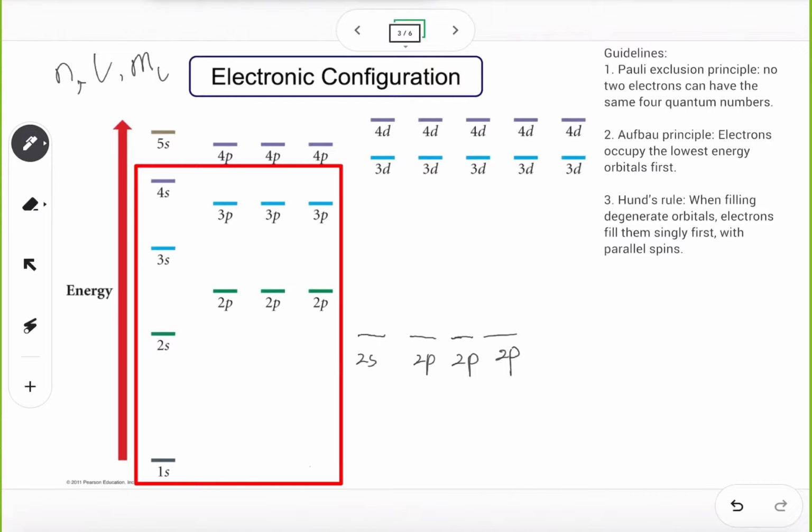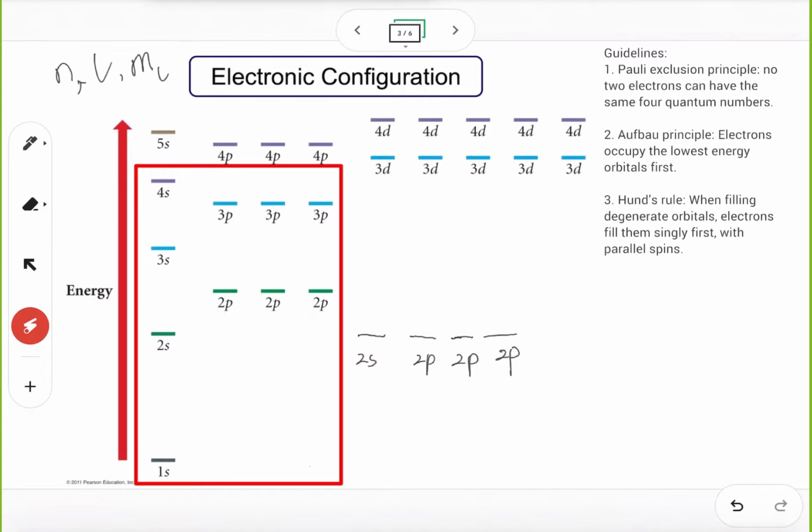Because all 4 atomic orbitals have the same principal quantum number 2, they should have the same energy. And that's what we learned. But in this diagram, you see that the 2p orbitals have higher energy than the 2s orbital.